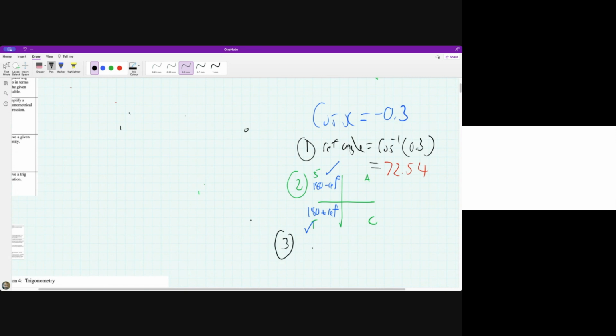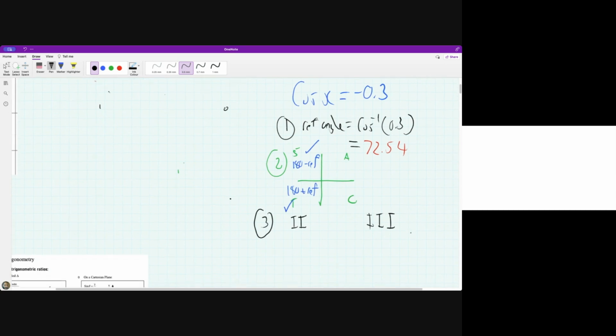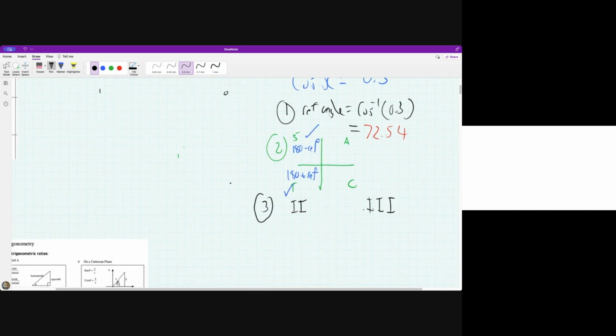I remember in class, what I was actually doing is I was writing, look, there are 2 sets of solutions here. It's going to be the quadrant 2 and the quadrant 3 solution. So x is going to be equal to 180 minus the reference angle.